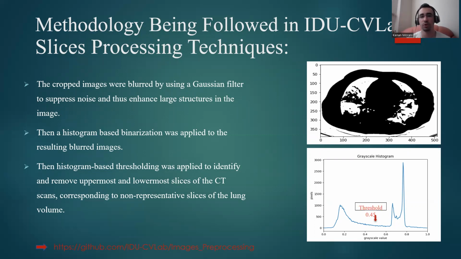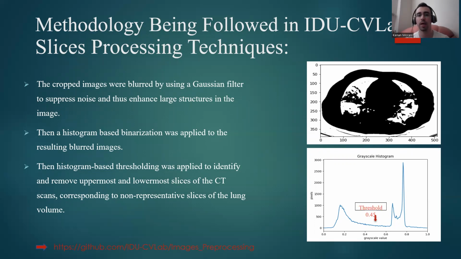The histogram-based threshold was applied mainly to remove the uppermost and lowermost slices of the CT images, which we consider to be non-representative of the existence of COVID-19. We're not going to be able to detect COVID-19 from those non-representative slices.